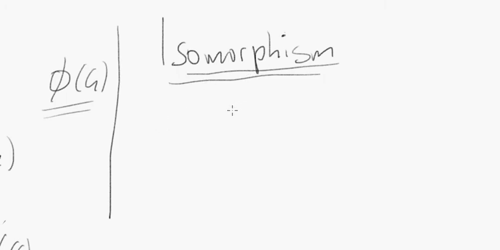What does that mean? Let's say that phi from G to H is a homomorphism, and we know what that means.